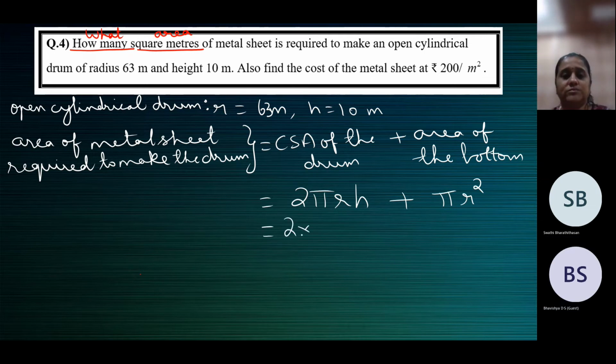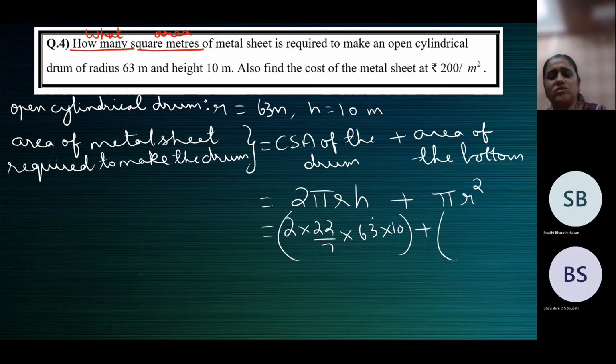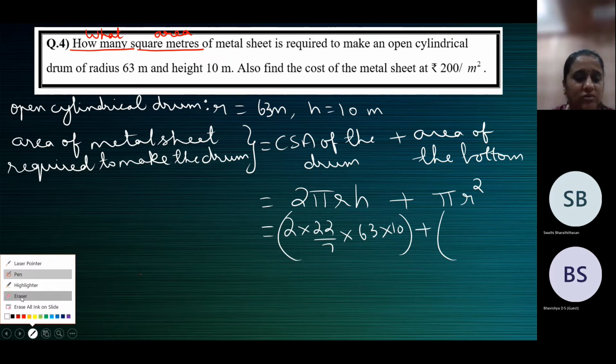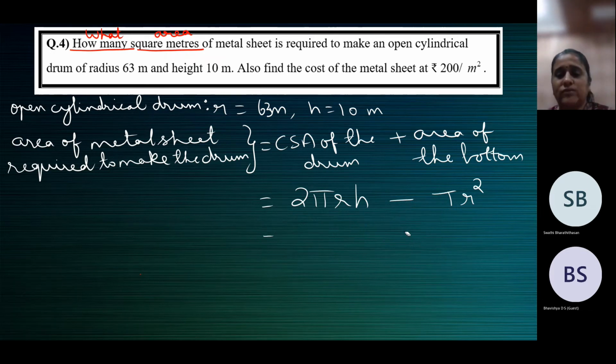So 2 into 22 by 7 into radius 63 into height 10, plus, here also you don't have to substitute for pi if you want. You can substitute once for all. So let me do it like that for you. 2 pi r h plus pi r square.